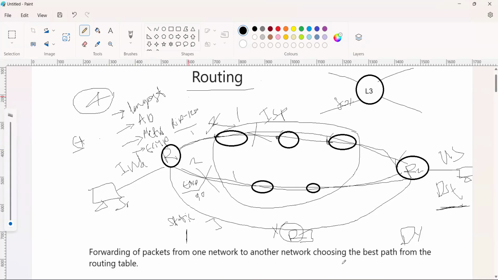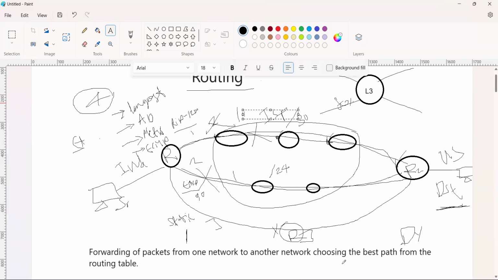First, what is the longest prefix? Here we have prefixes like /30 and /24. What does it mean? The first one is 192.168.10.0/30, and the one below is 192.168.10.0/24.